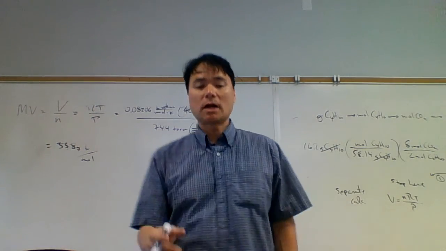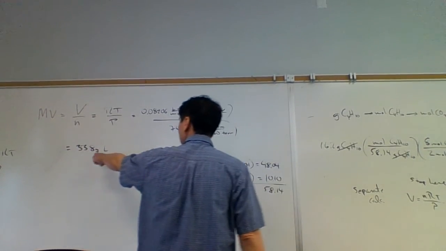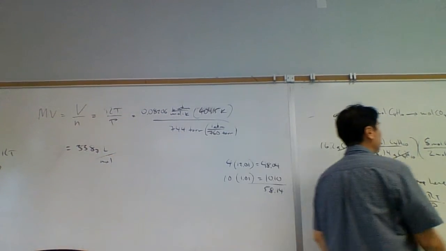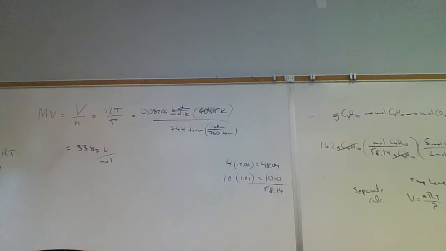So I do the separate calculation for molar volume here, and I see I have 33.87 liters for every mole of gas. This is for any gas. And so either way, we do a separate calculation. My preference is option 2.